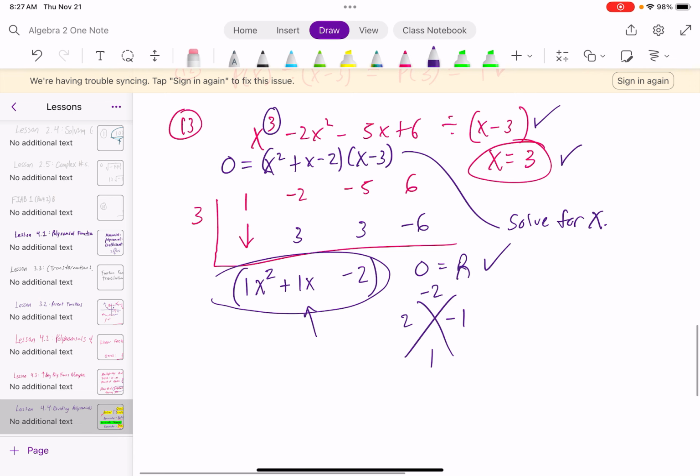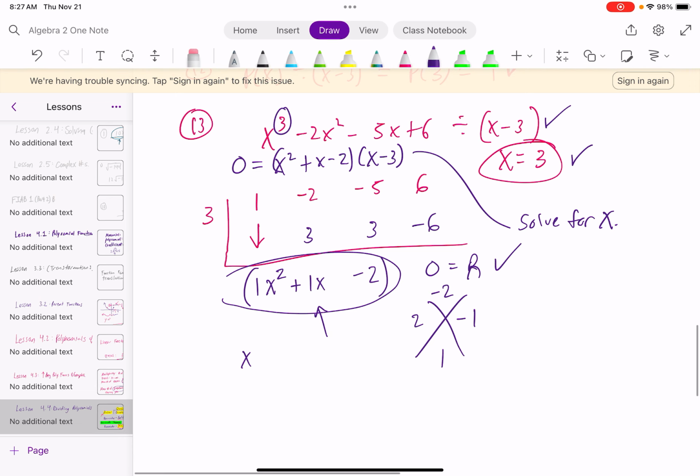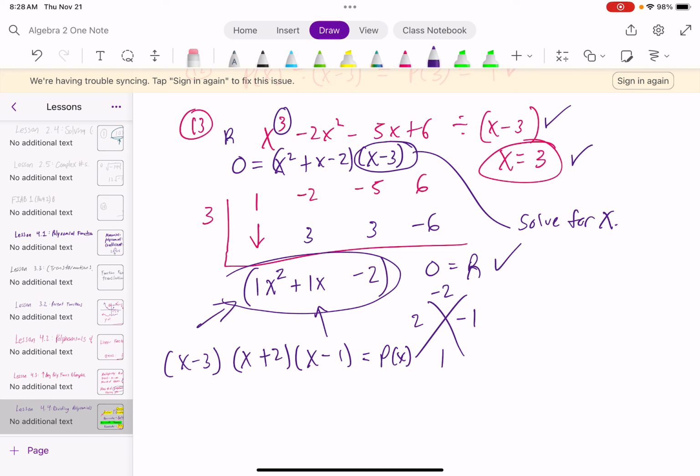We have x plus 2 and x minus 1 as factors for this part. But don't forget the x minus 3. Now that is equal to your entire p of x.